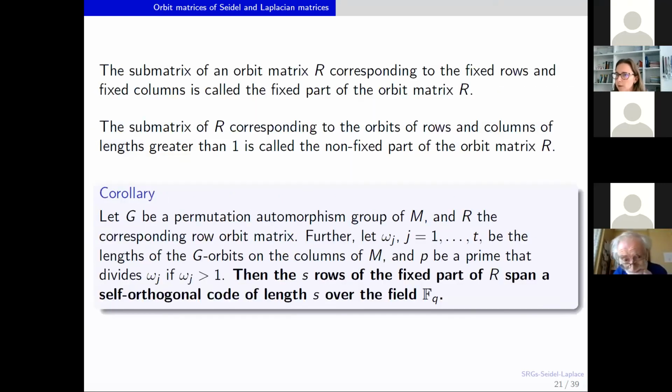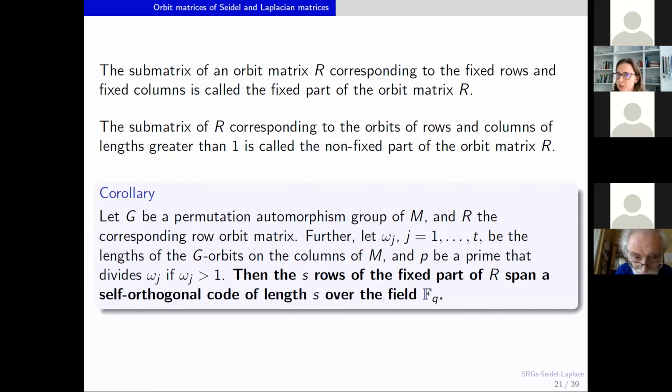The third thing that we also show can be used is something that we called the fixed part of the orbit matrix. What is it?